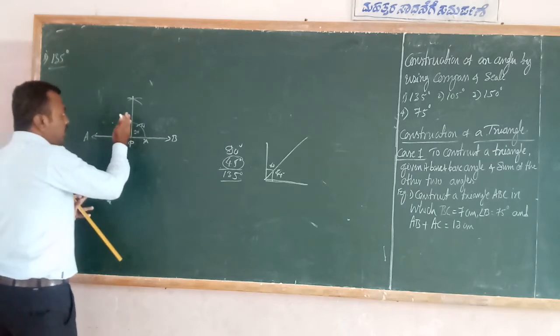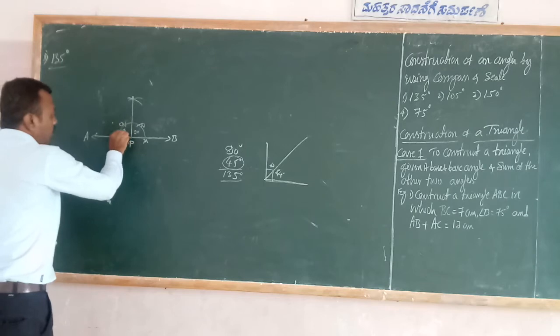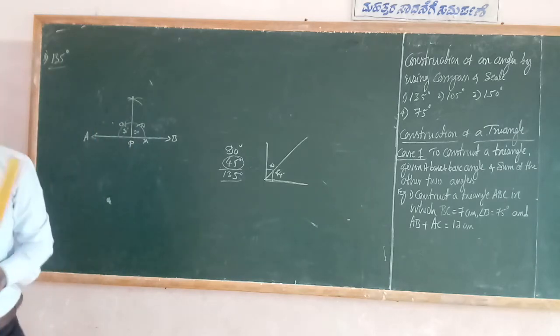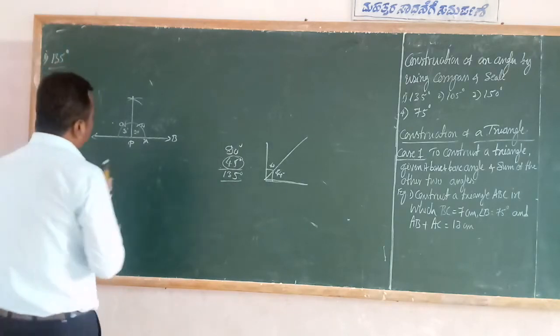Now students, this 90 degree we have to bisect. We already know how to bisect the angles. How? Very simple.